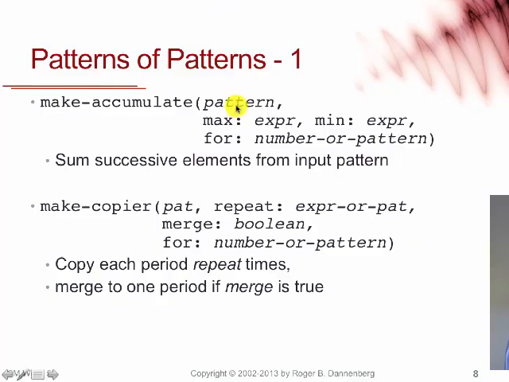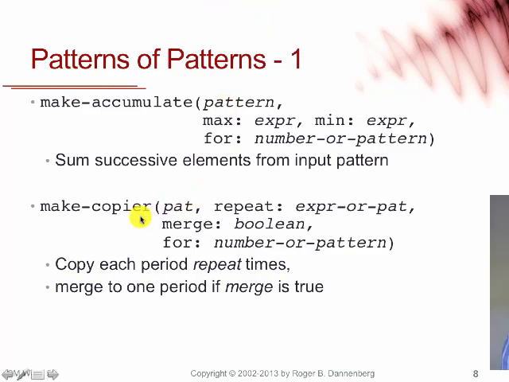Typically, you would put a pattern object at the beginning of make accumulate, and there are some keyword parameters to change what accumulate does, but basically it takes the first value of the pattern, and then the next thing accumulate outputs will be the sum of the first two elements of the pattern. The next thing accumulate outputs is the sum of the first three elements of the pattern. So obviously these elements have to be numbers so they can be added.